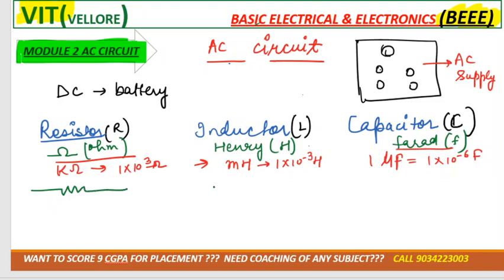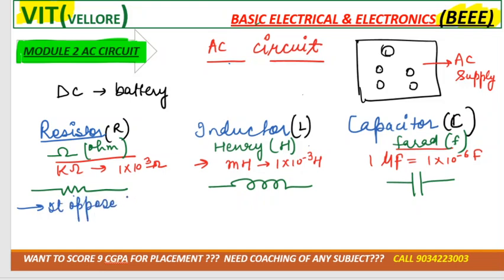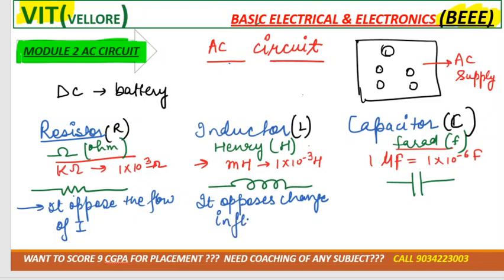Now what is the function of a resistor? The resistor symbol is like this, the inductor symbol is like this, and the capacitor symbol is like this. You already know about it. What is the function of the resistor? It opposes the flow of current, right? What is the function of the inductor? It also opposes, but what does it oppose? The change in the flow of current. It won't allow the change.